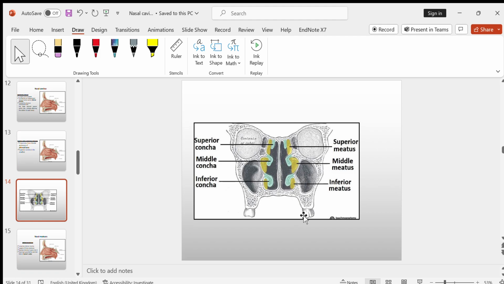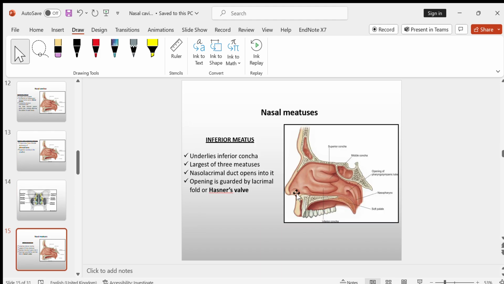Looking from front, these green parts are the three concha, superior, middle, and inferior, and the yellow ones are the meatuses beneath these concha. Now, if we talk about the inferior meatus, as I told you before, the meatus is the hollow space beneath a concha.